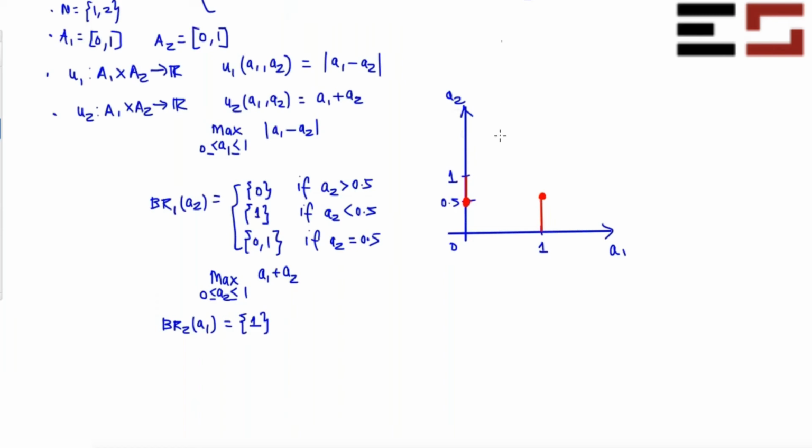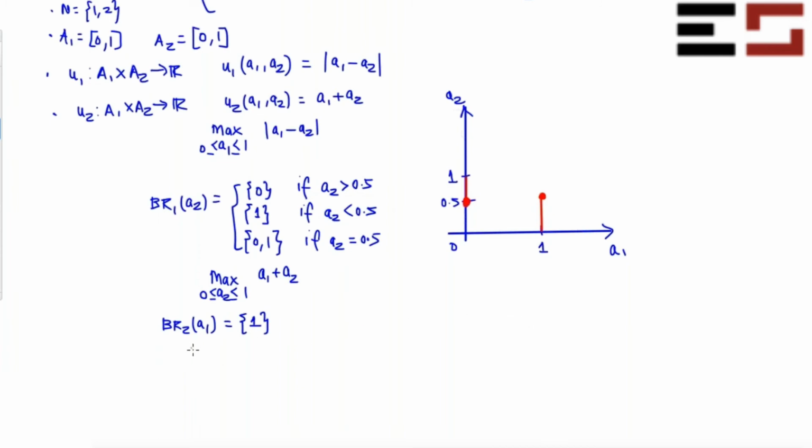So I'm going to get something like this. Is that clear? So this is the graph of BR1. Remember, it's the (a1, a2) pairs such that a1 is the best response to a2. All these points on this graph are such pairs. You can check; that's exactly how we plotted it.